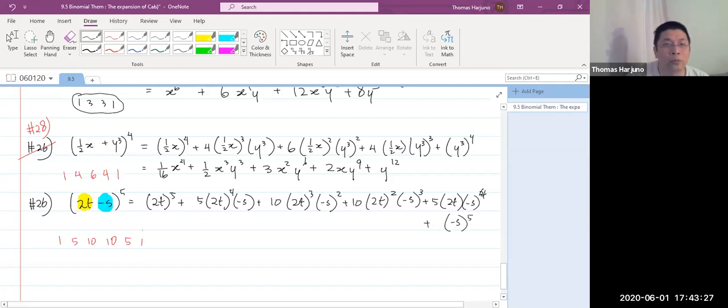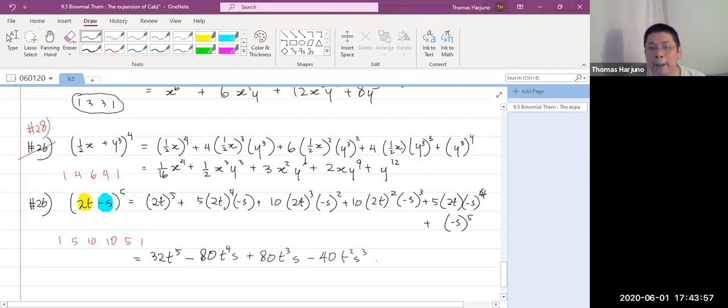Okay, so if I make it nicer here, this will be 32t to the 5th minus 16 times 5, 80t to the 4th s, plus 8 times 10, that's another 80, minus 4 times 10, 40t squared s cubed, and then plus 10 t s to the 4th minus s to the 5th.